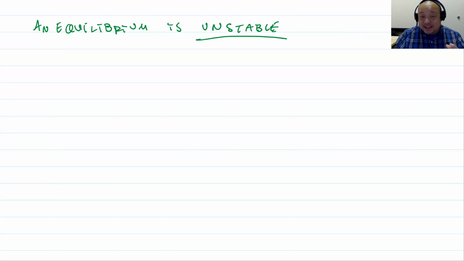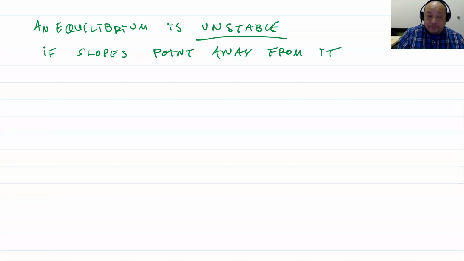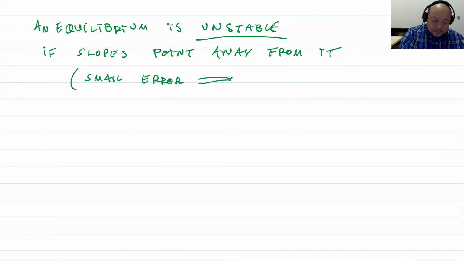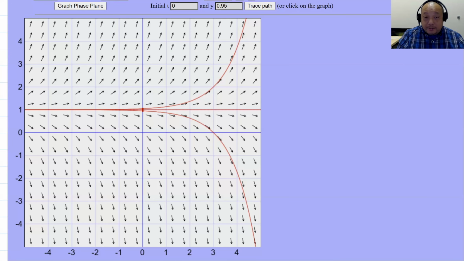An equilibrium is unstable if the slopes point away from it. A small error leads to a large difference. And what happens to all the solution curves here? We take a solution curve that's off by a little bit.